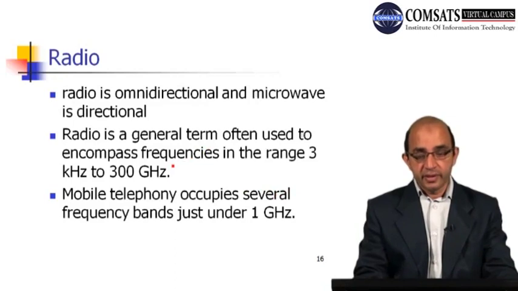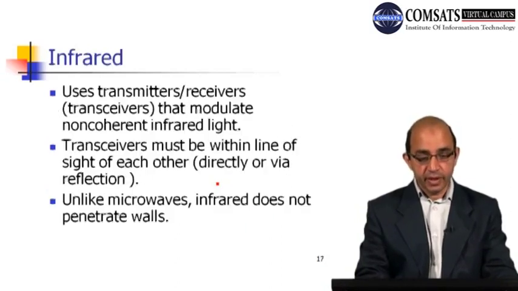Here is the radio communication, and radio is omnidirectional and microwave is directional. The frequencies start from 3 kilohertz and go up to 300 gigahertz. That is the range for radio communication. Mobile telephony occupies several frequency bands just under 1 gigahertz, right? You can imagine the quad band frequency that is being used in case of cellular communication and for GSM, right?